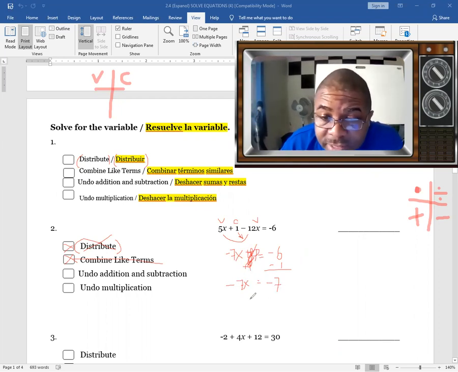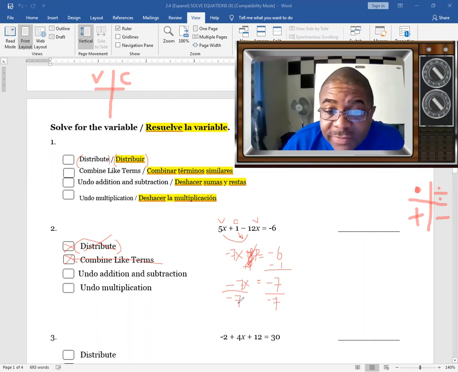I want x by itself. So what I'm going to do, that's the equal sign, is divide. I'm going to be divisive. I'm going to divide both sides by negative 7. That will leave me with x.